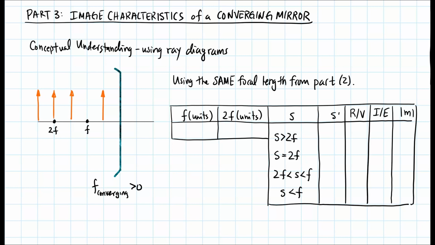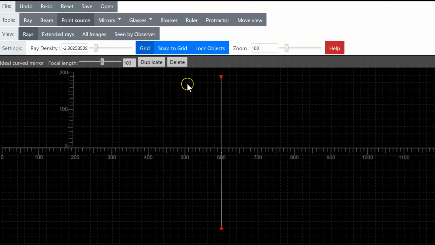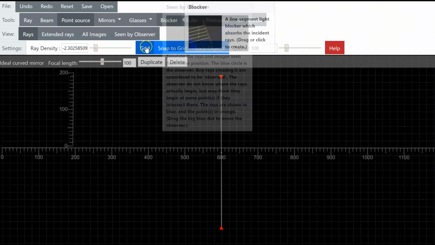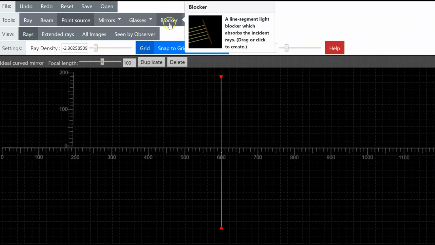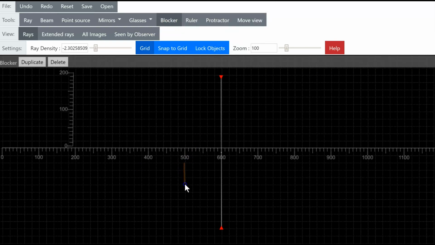Once you do that, we go back to the ray simulator. Now use the ray optics simulator to visually see the ray diagrams. In the ray simulator, use blockers. If I have a 100 centimeter focal length, I could put a blocker right here at 100, and then this one at 200.